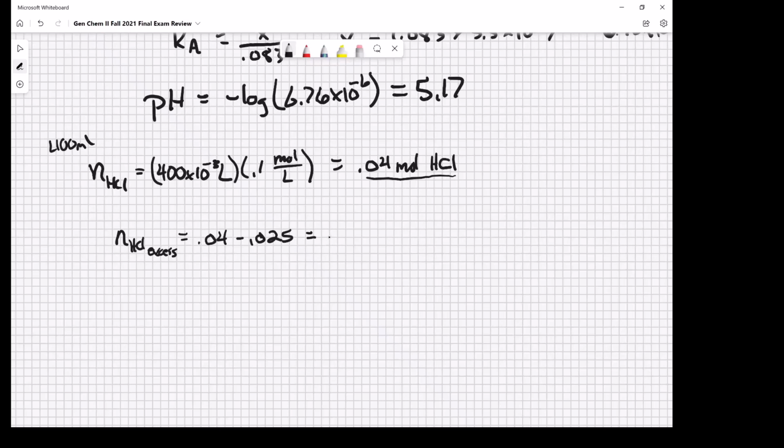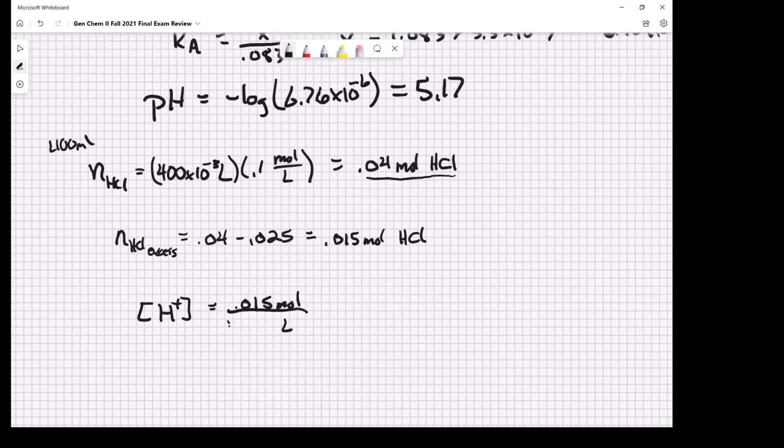So we get 0.015 moles of HCl. But what's the concentration of HCl? Because that's what matters, right? The pH is the log of the concentration of the acid, right? So what is our concentration of the acid? Well, we got 0.015 moles in what volume of solution?